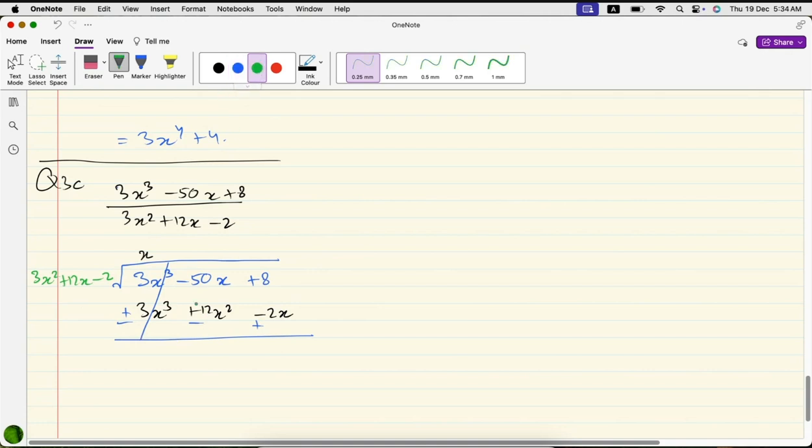There's nothing in x squared in the first line, so I'm having minus 12x squared. Then 2 of the x's, minus 48x plus 8. To get minus 12x squared, I multiply it with minus 4. Minus 12x squared, 12 times 4 is minus 48x, and positive 8. Change the signs, and that is 0.